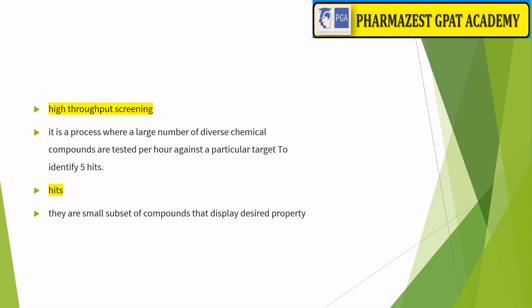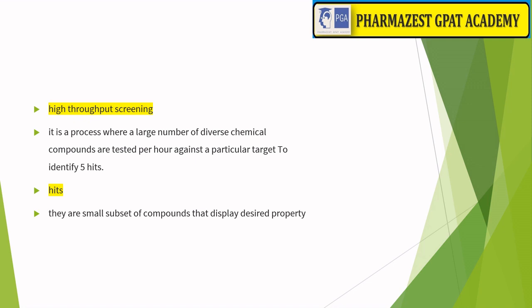It is an important topic in our CADD syllabus, that is computer aided drug design. In computer aided drug design, we use high throughput screening for the analysis of a large number of ligands against a specific target in a very limited amount of time.